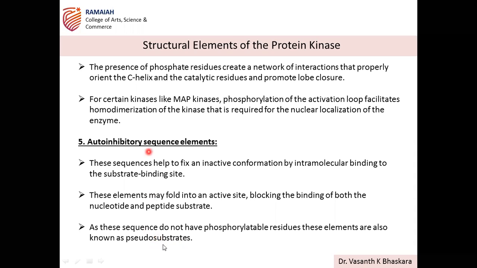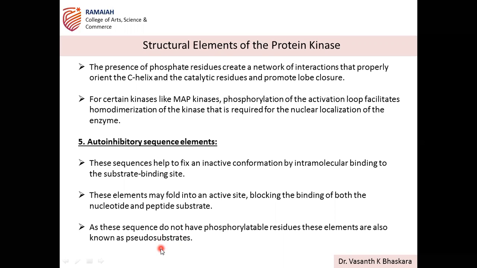So this way, these are called pseudo-substrates instead of phosphorylation. Phosphorylation we discussed in case of the activation loop, but in case of the inhibitory sequence, it is because of the intramolecular binding with the substrate binding site, not because it is initiated with phosphorylation. Understood? So that's why it is called pseudo-substrate with the autoinhibitory.